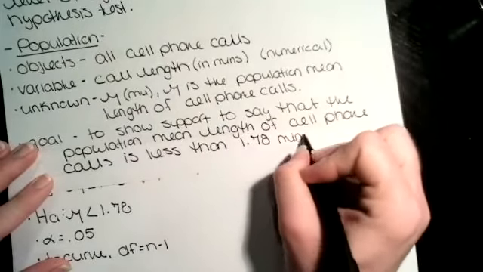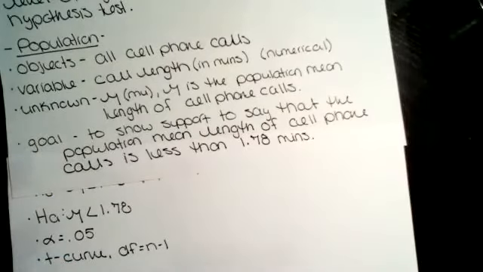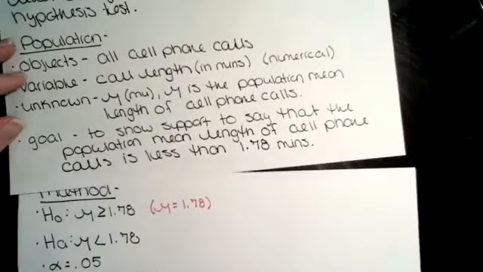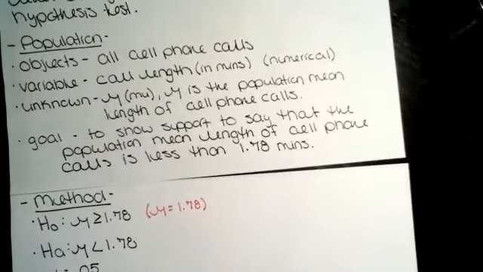And you can say minutes if you want. Okay, so there's my goal. So now my population step is done and my method step. Any questions on those first two steps?